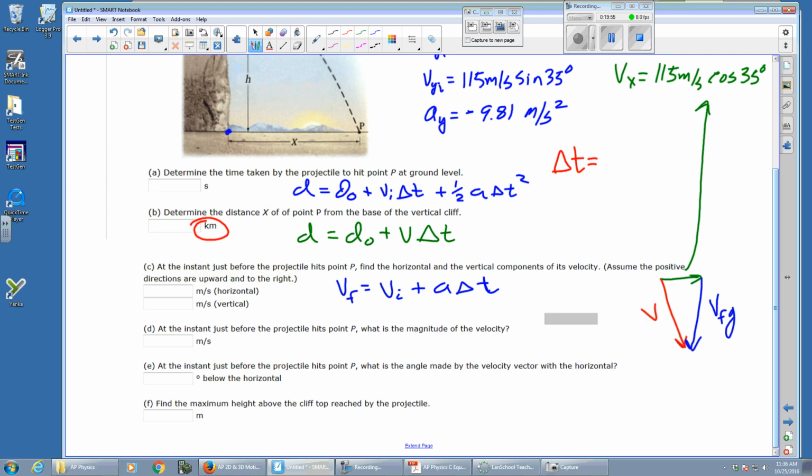I know a, I know delta t, I know v initial, I can find v final. And then plug those in, Pythagoras for d, right? z squared is going to equal vx squared plus the final y squared.